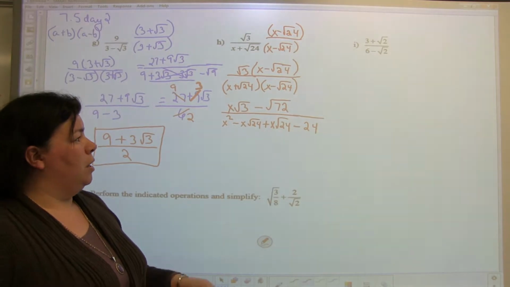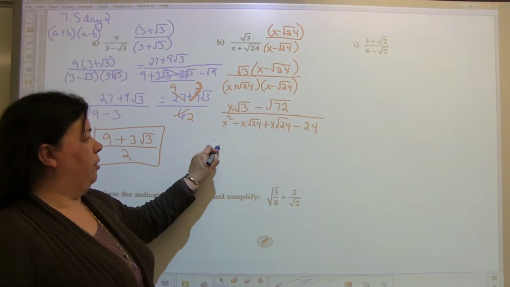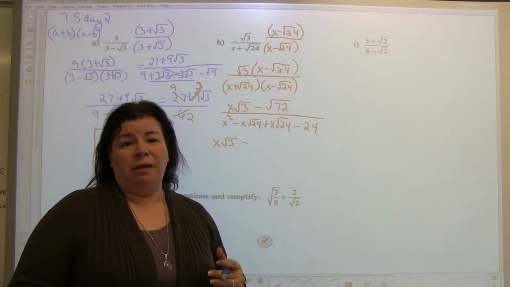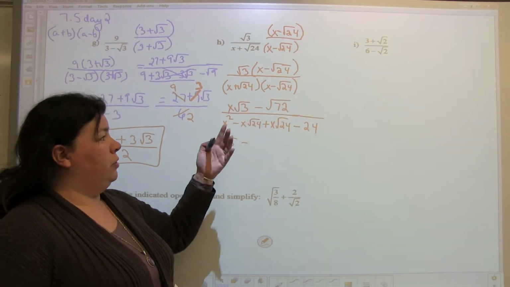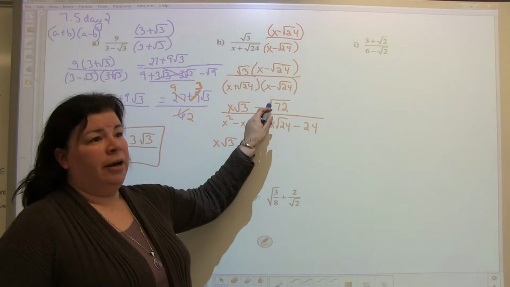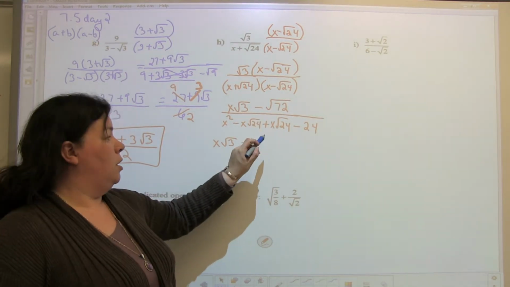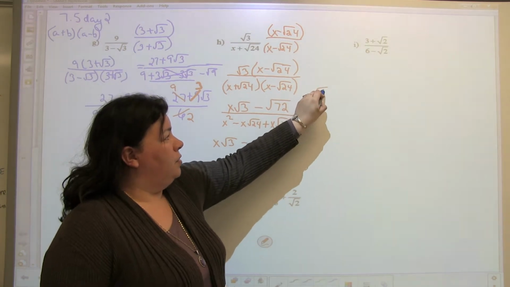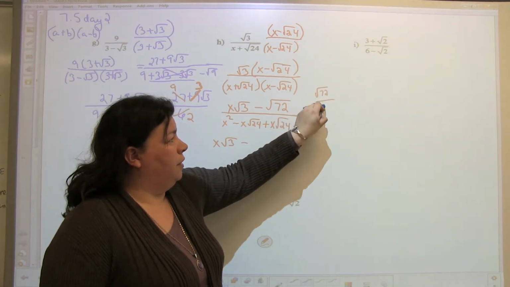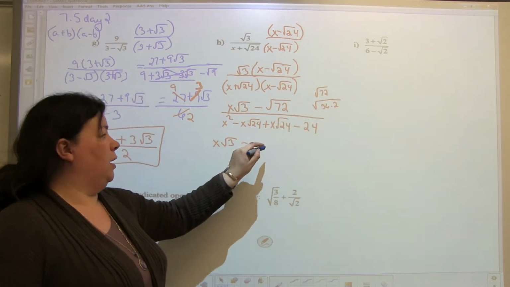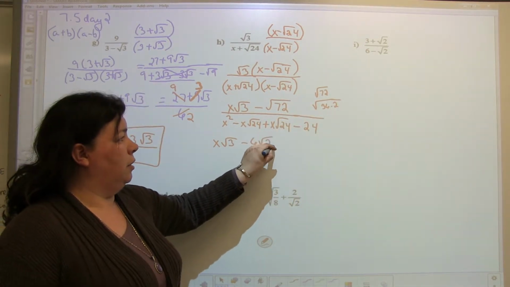Okay. So upstairs in our numerator, we have x square root 3 minus the square root of 72, which can be factored and reduced. If you look for two factors such that one of them is a perfect square, we're going to get 36 times 2. So the square root of 72 is the square root of 36 times 2, and the square root of 36 is 6, so we're going to get 6 root 2 here.